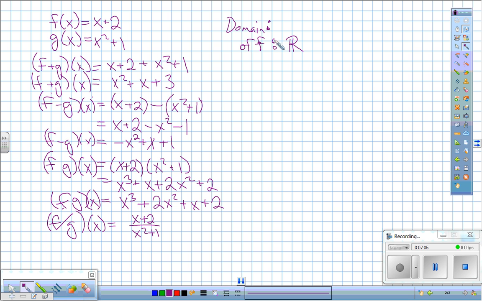I'm just going to write my fancy R, or you can also write negative infinity to infinity. Okay, my domain of g, I can plug anything in there as well. So what that's going to look like is all real numbers. Again, negative infinity to infinity. Okay, f plus g will be the same thing.